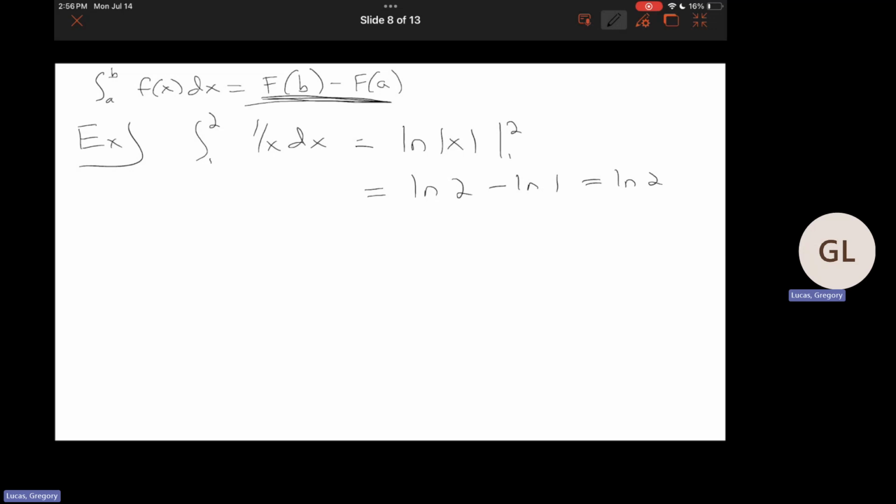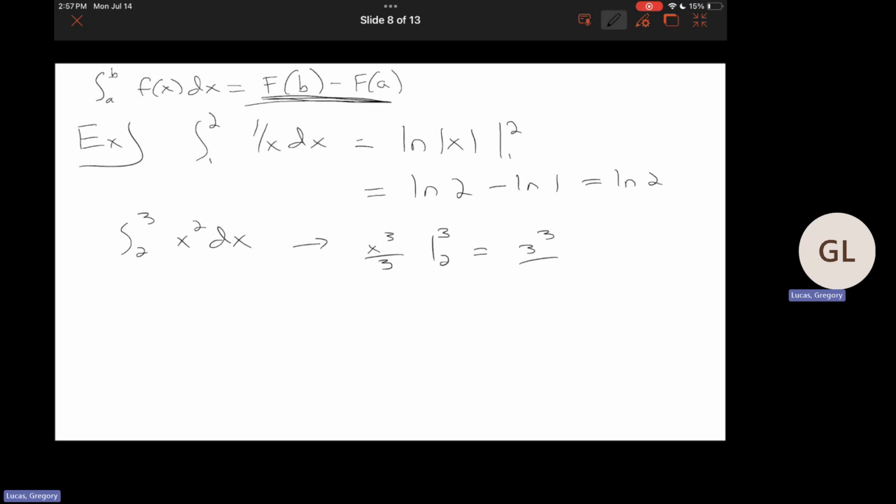Okay, let's look at another one. Let's say we have the integral from 2 to 3 of x squared dx. Okay, so if we have x squared, then the antiderivative is x to the third over 3, and we're going to evaluate at 2 and 3, meaning I'm going to plug in my 3 first.